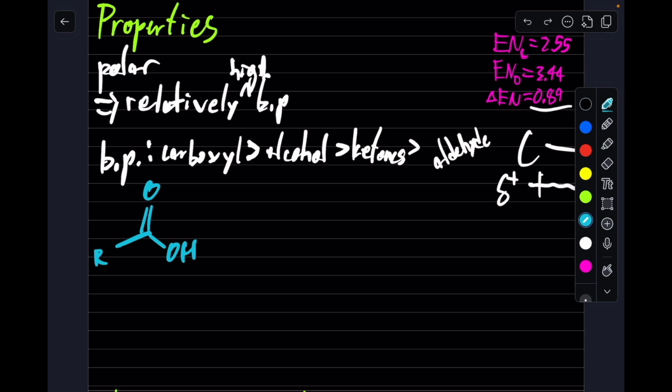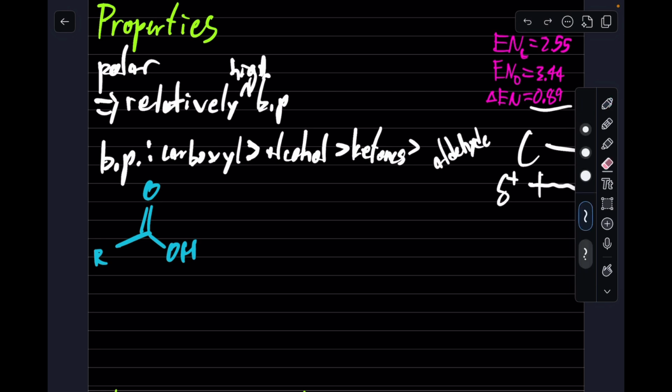Actually, three polar bonds. One here, and one between the oxygen and the hydrogen. So this creates a really strong dipole going this way, which makes for even stronger interactions. Hydrogen bonding interactions and normal dipole interactions.